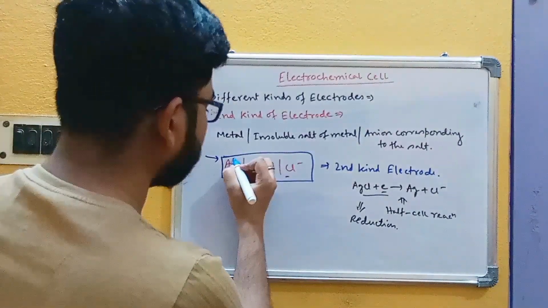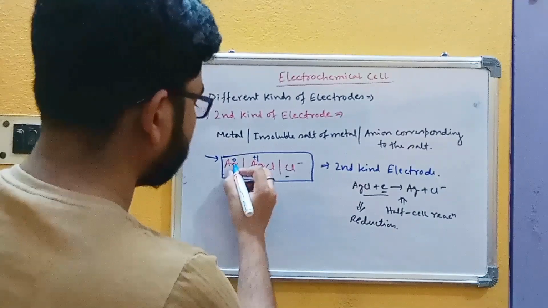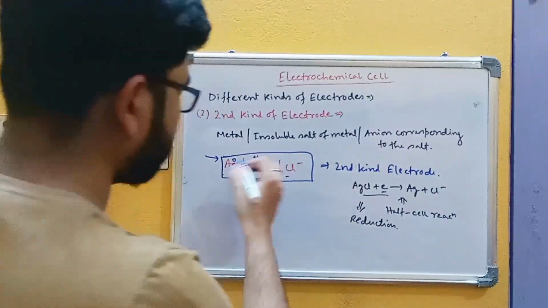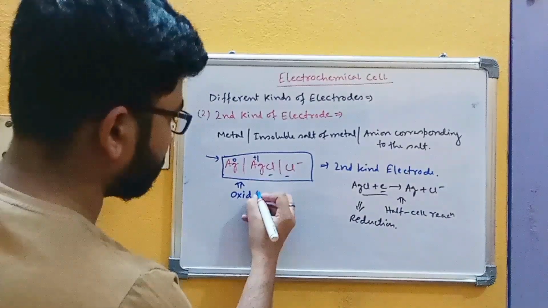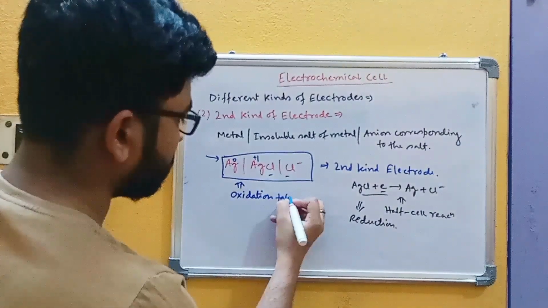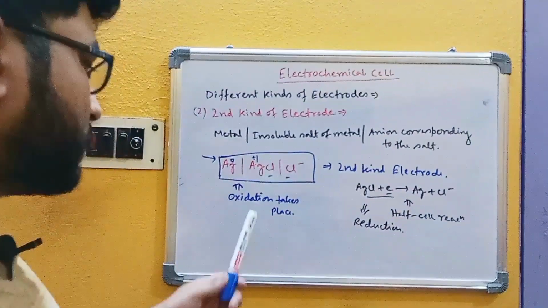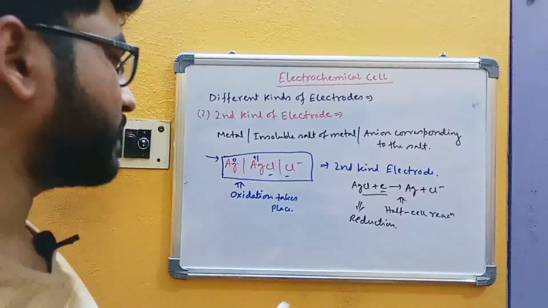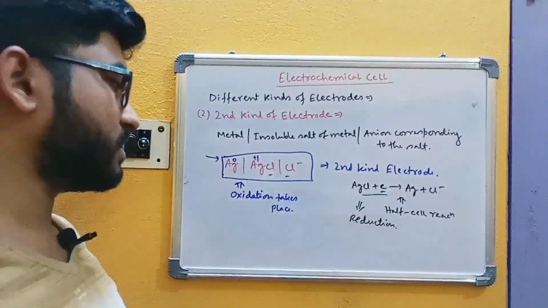because here the oxidation state of Ag is 0 and here the oxidation state of Ag is +1. So Ag 0 to +1, that means the oxidation state increases, and here oxidation takes place. So as oxidation takes place, we have to write this reaction in such a way that it represents the oxidation.